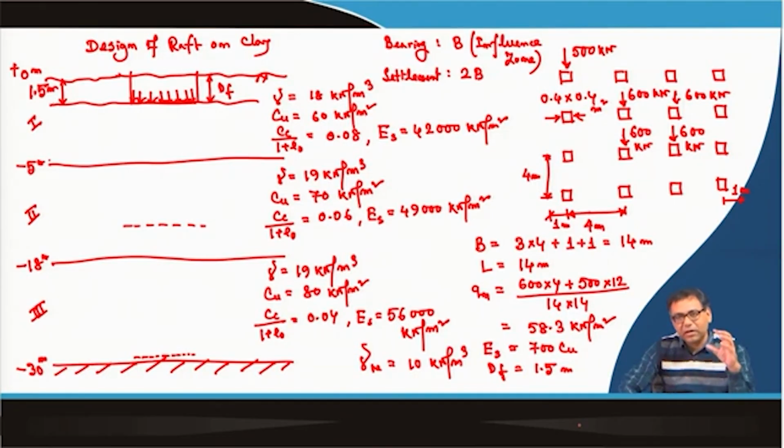In such a case, you can use that theory and determine the bearing capacity of the foundation in the layered soil case. But here that theory may not be applicable, because the difference is not that significant.